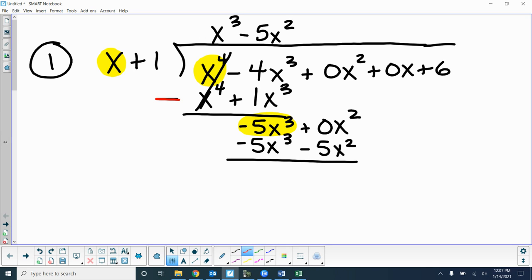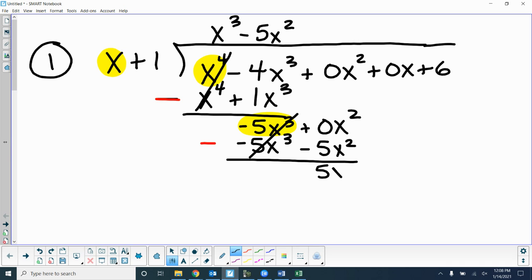So again, we subtract at this point. Now, here's where we're making a mistake once in a while. What's minus a negative? Positive, it's addition. So this is negative 5x cubed plus 5x cubed, which makes sure they cancel out, right? And this is 0 minus a negative 5x squared, so that's 0 plus 5x squared.